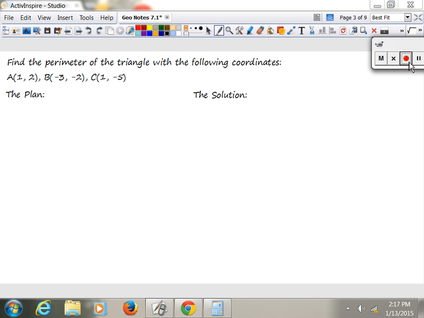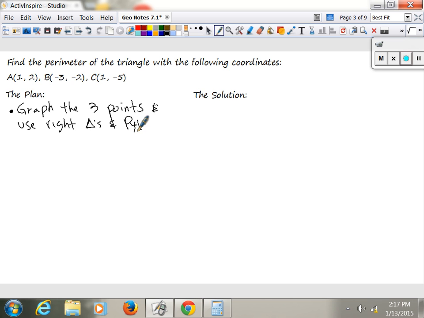We don't know if it's a right triangle, so you probably would graph it. You'd probably graph the 3 points. So your plan would normally be to graph the 3 points and use right triangles and the Pythagorean theorem.